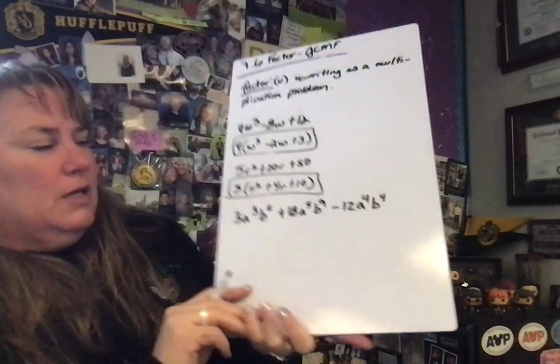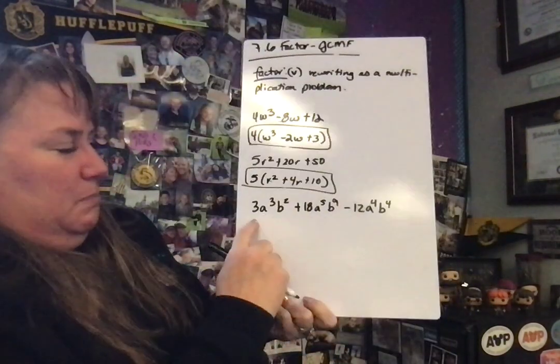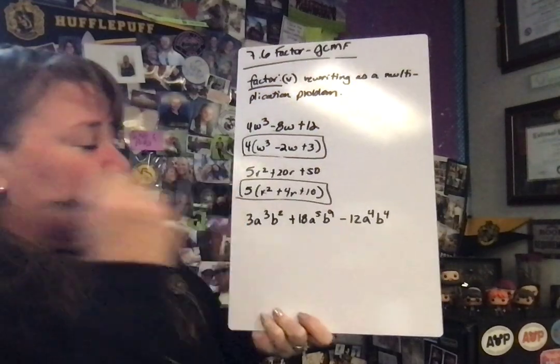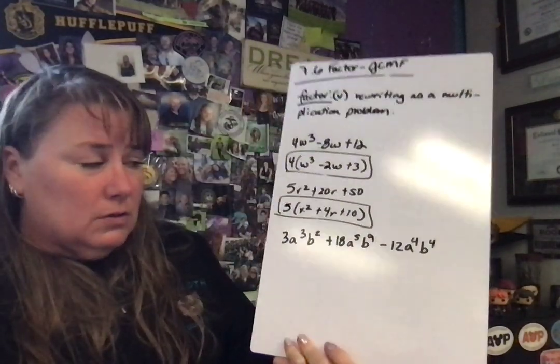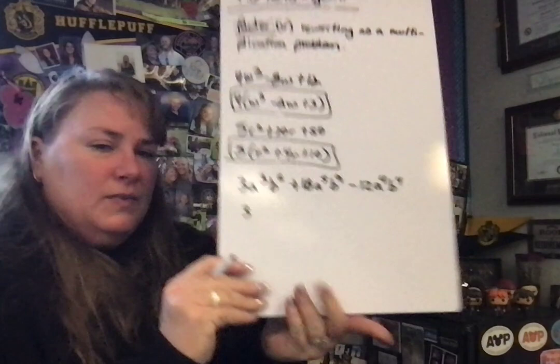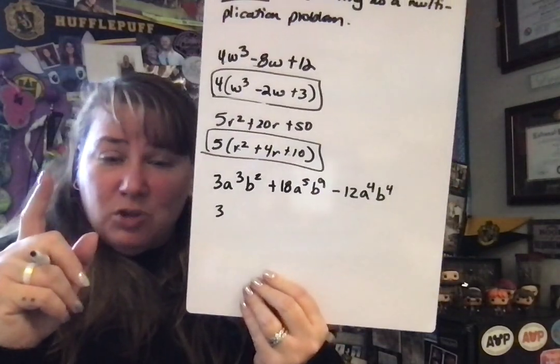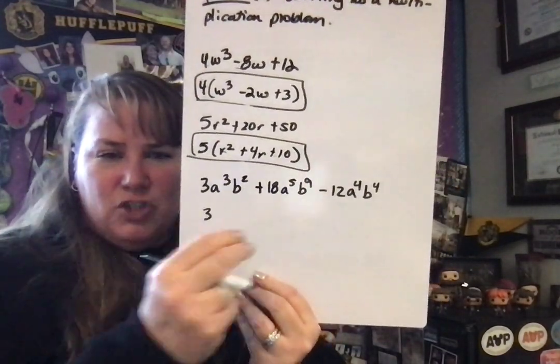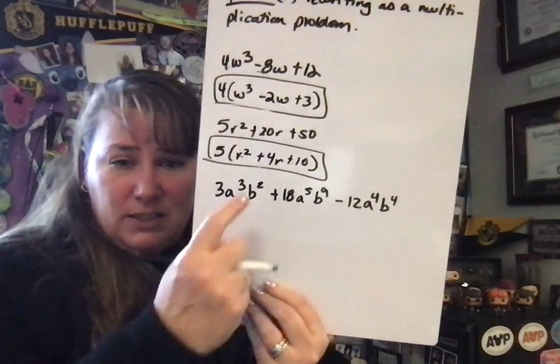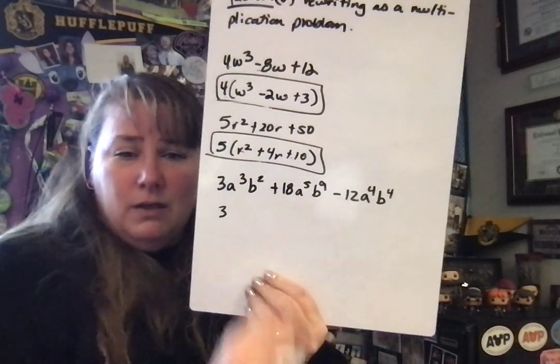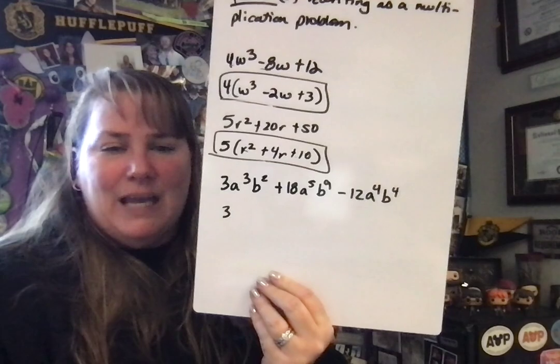Okay, here we go. So greatest common monomial factor, remember, is the biggest number that can come out of 3, 18, and 12. That's 3. Now, when it comes to multiple variables, I check to see that each term has the same variables. Does it? Yep, yep, yep. Meaning they all have a and b.